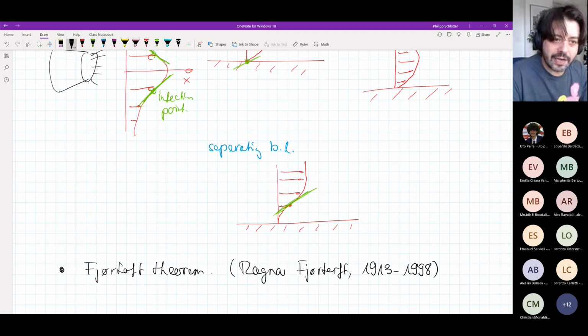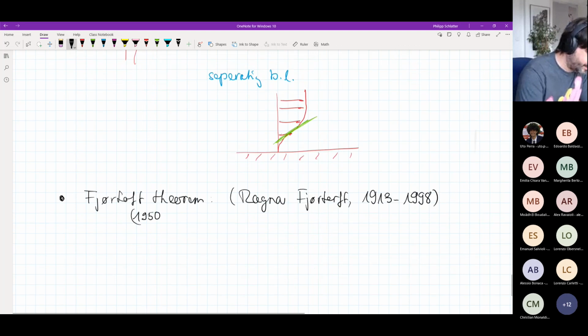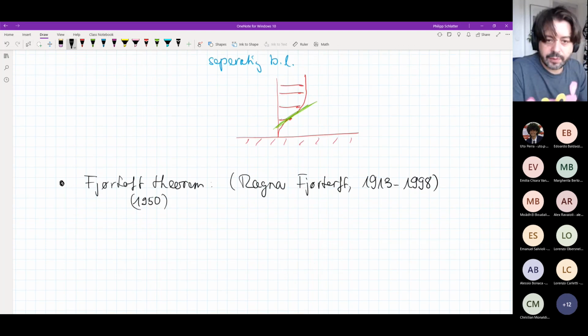I guess now you start to realize we're getting close to times that we even start to remember. The theorem itself came from 1950, when he published it. I'm not going to prove it here in class. I will just show you the result. The proof is not very difficult, and you can find it in textbooks if you're really interested. We will focus more on the application of it rather than the actual proof.